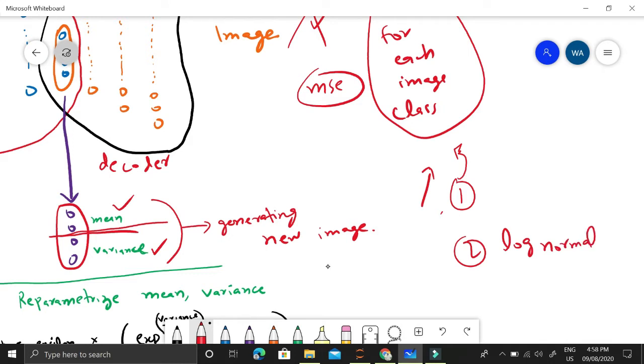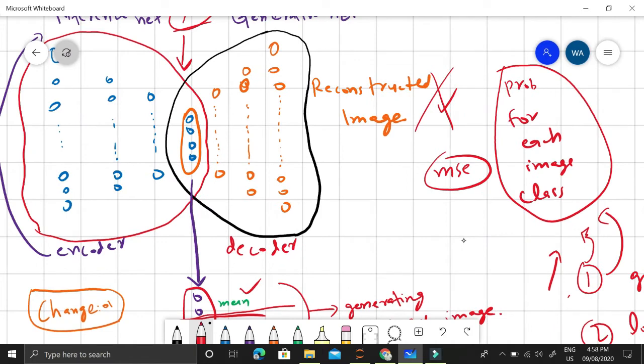The difference between these log normal probability distribution function values and the output values of the generative network, or the decoder network, will give us the effectiveness of this decoder network.